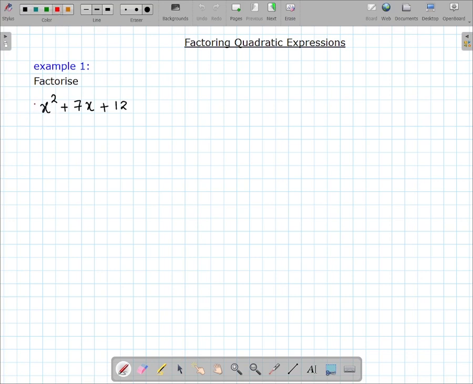It is 1. Then that 1 multiplied by the constant gives 1 times plus 12, that is plus 12.